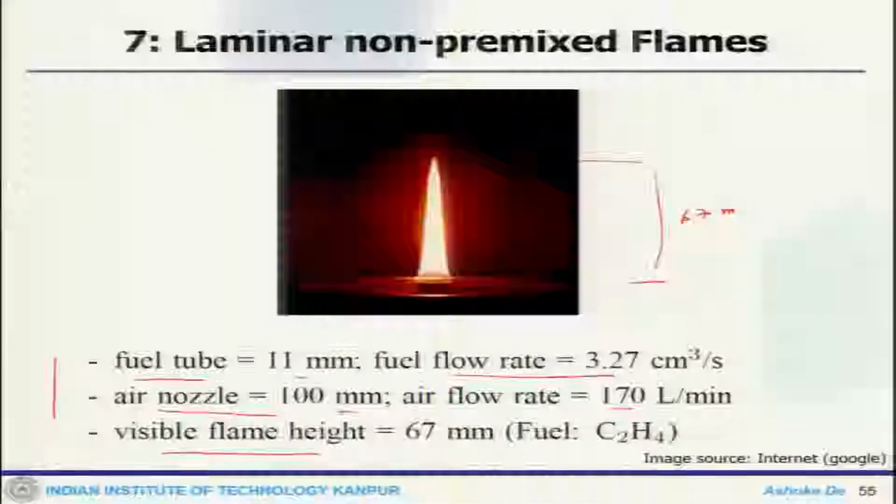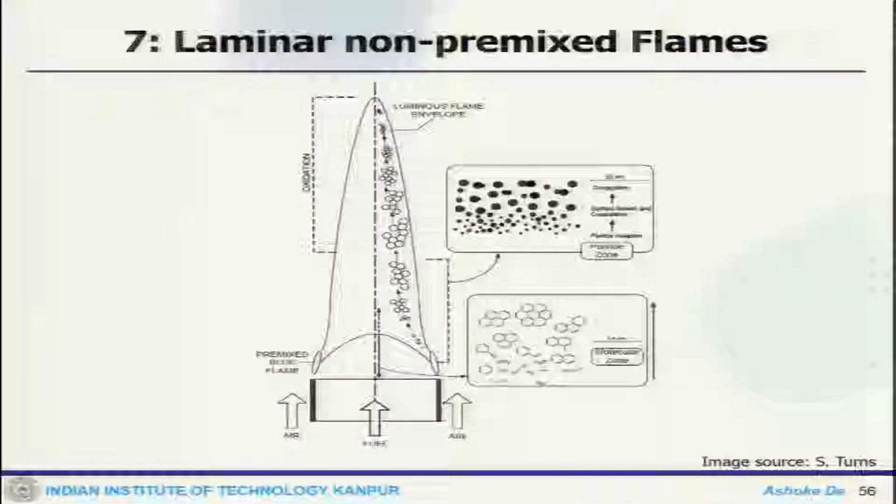The fuel is C2H4. Fuel is coming through this nozzle or the tube, and this is where air comes in. The fuel will try to go like this, air will try to enter in, and the reaction will take place along the stoichiometric situation.